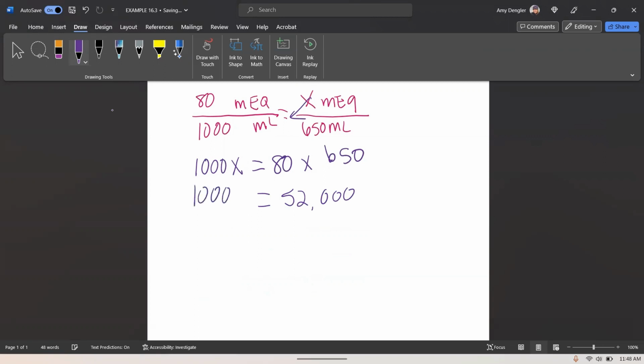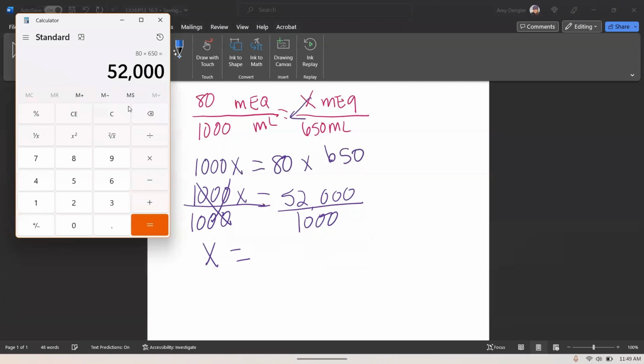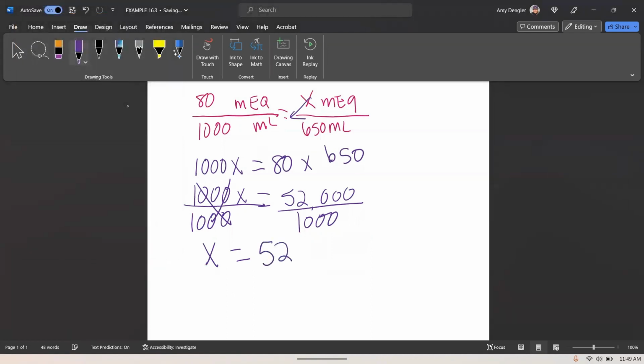And then we have 1,000x. And we want to get the x alone, so we need to divide each side by 1,000. 52,000 divided by 1,000 is 52 mEq. That is how much they received in the 650 ml.